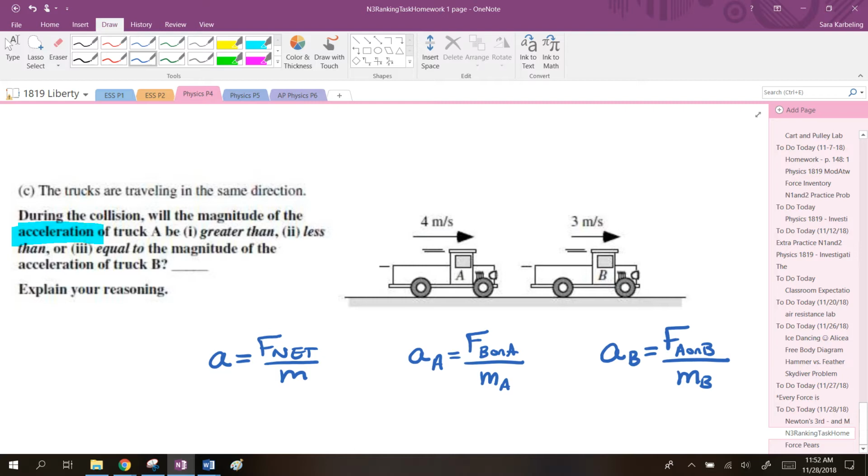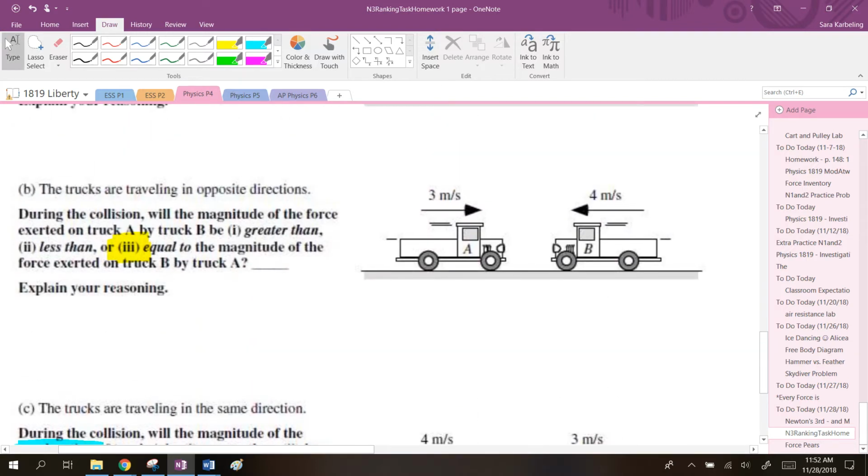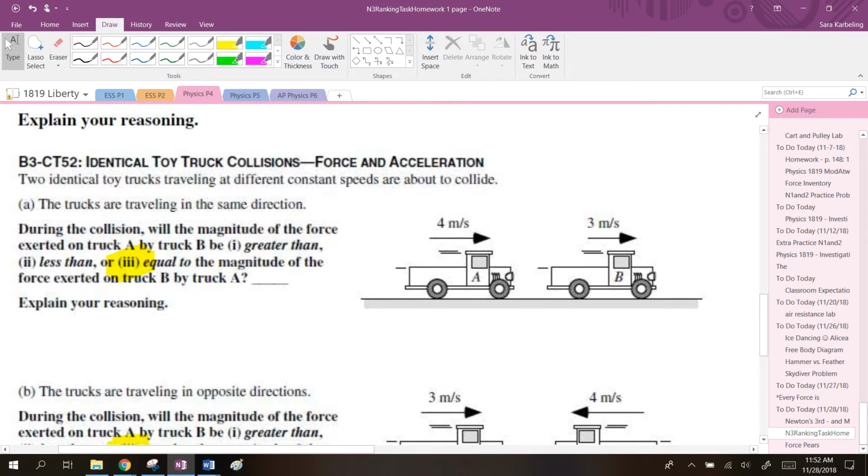So, we know that this force is the same as this force because you told me that in part A, right? Those forces are the same. So the accelerations are going to be dependent on the masses. How do the masses of the carts compare? Do we have any idea? Two identical trolley trucks.